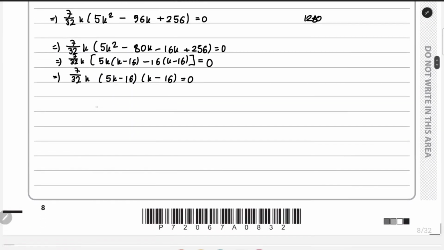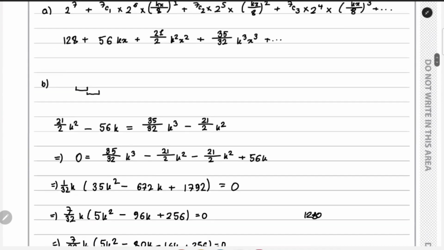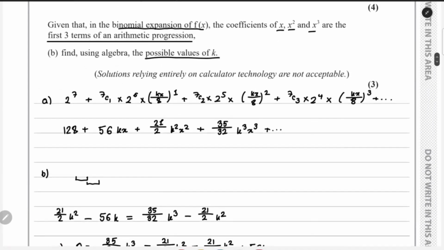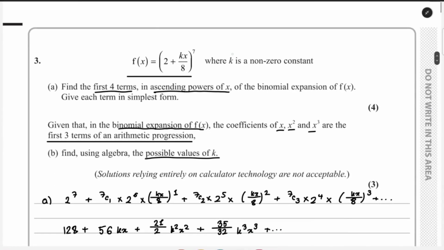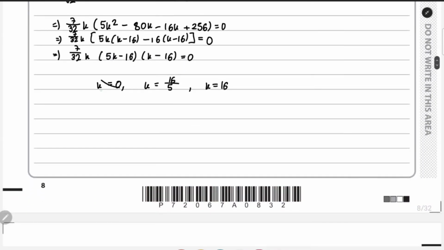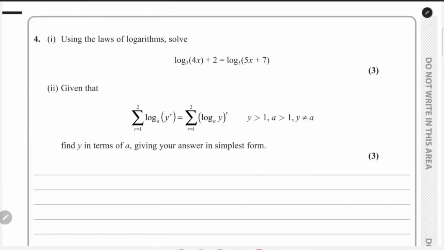From here we know that the values of k are 0, 16 by 5 and 16. K cannot be 0. We are given that k is a non-zero constant, so we ignored this value. So these are the values of k. K can be 16 by 5.